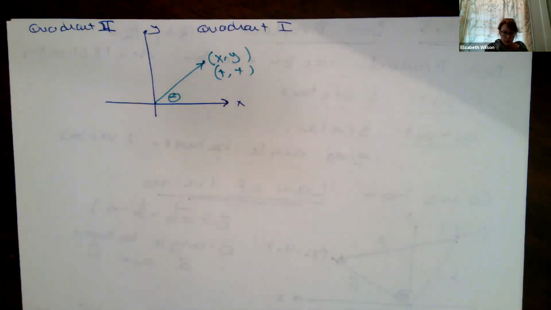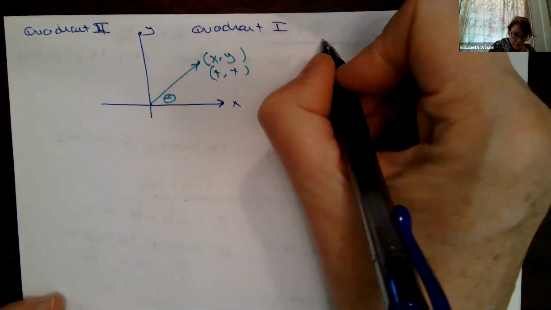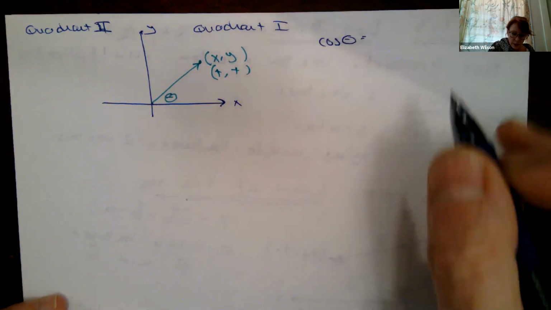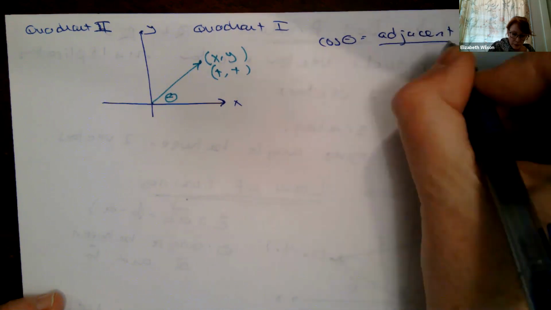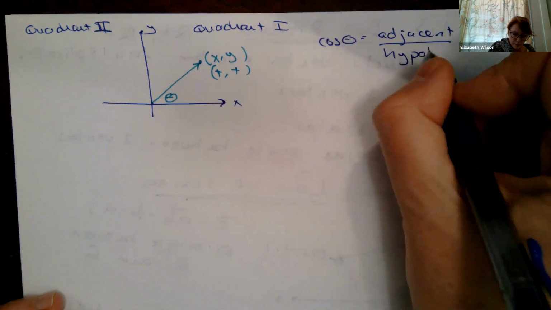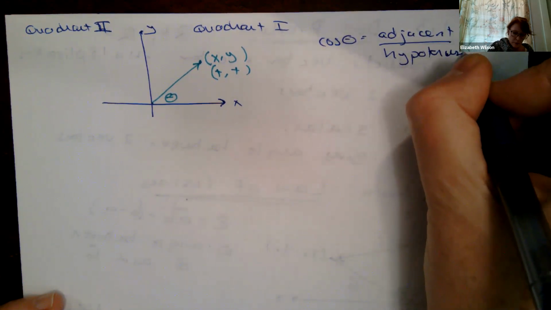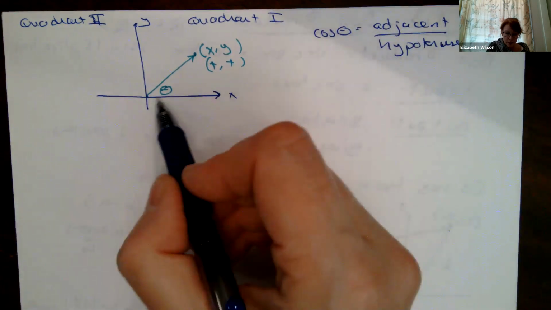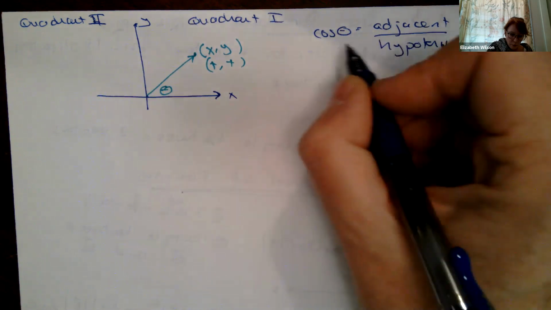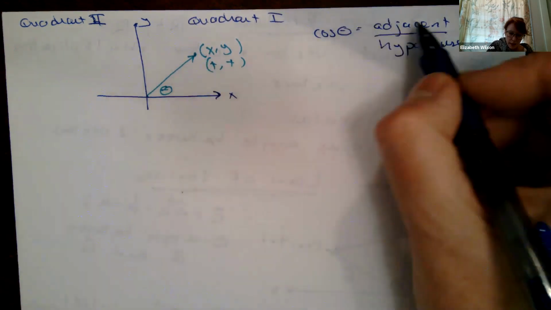When I go to do the cosine of theta, it's my adjacent side all over the hypotenuse. My adjacent will be positive in quadrant 1, so it follows the x.